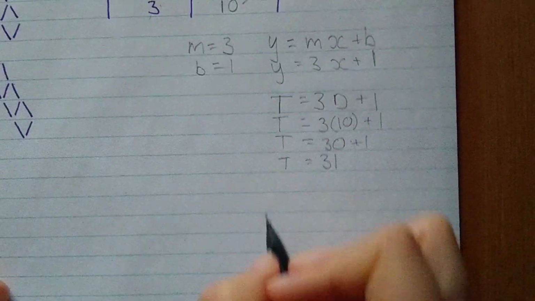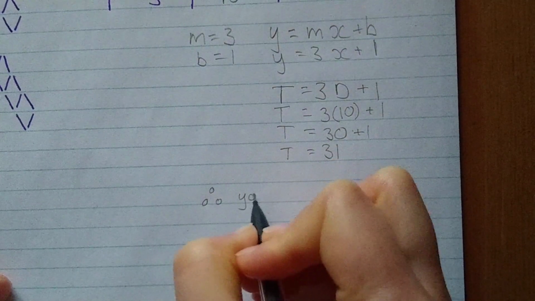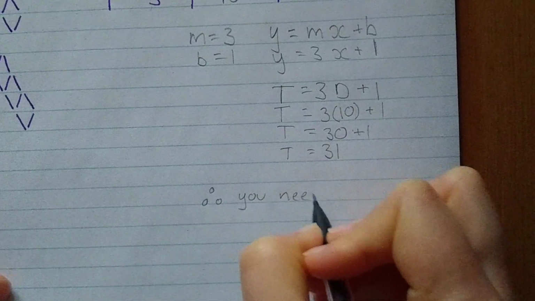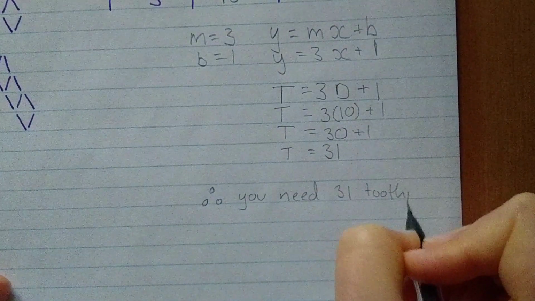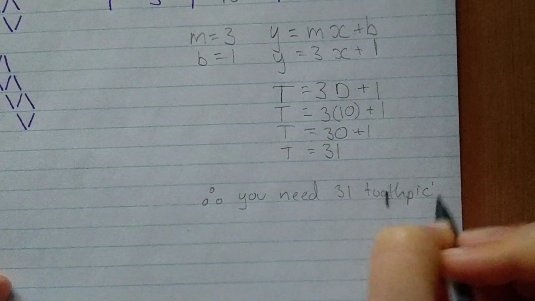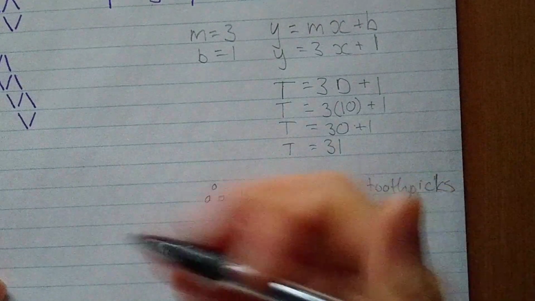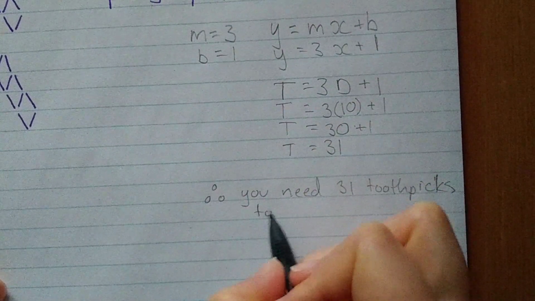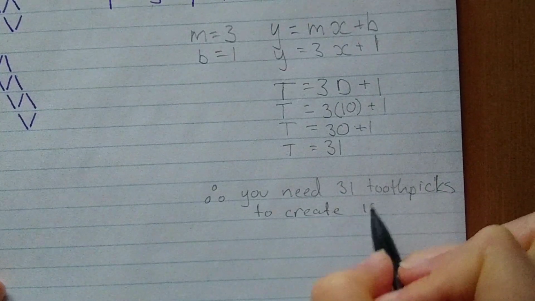Therefore, you need 31 toothpicks to create 10 diamonds.